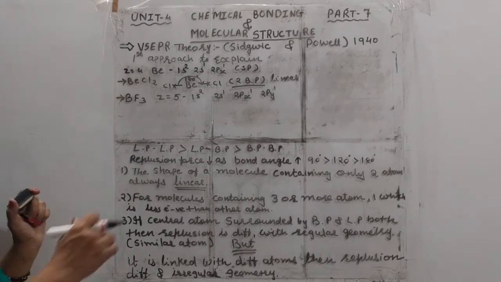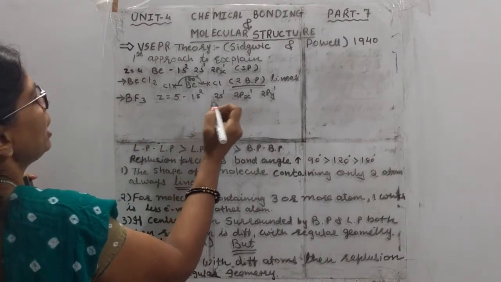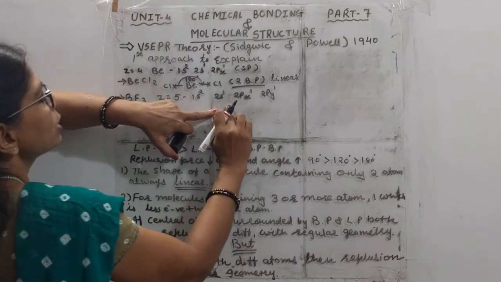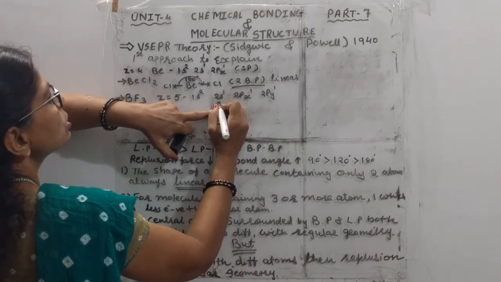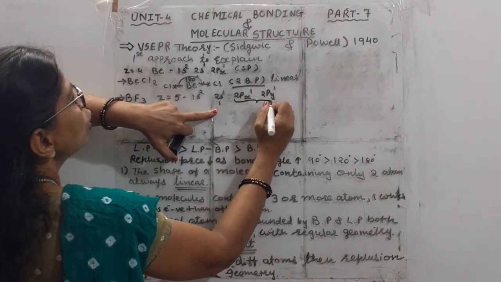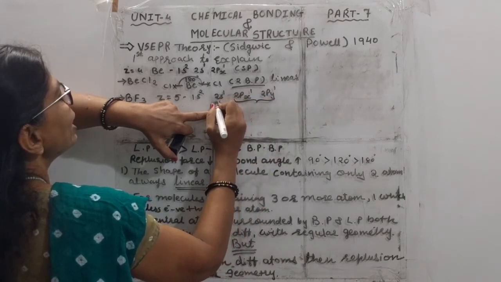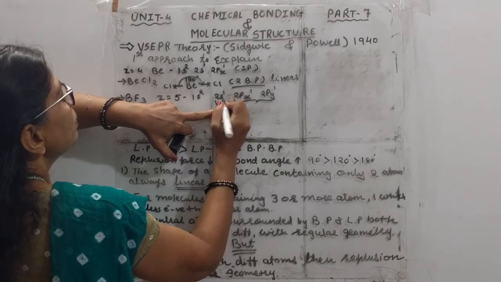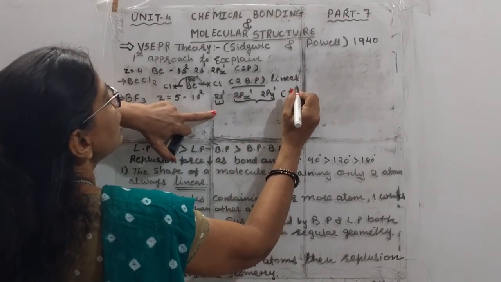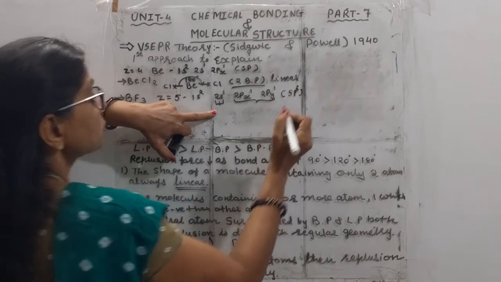That hybridization is sp2. How many total electron orbitals are there, students? So 1s and 2p. 1s and 2p. So that's why here we can say sp2 hybridization.